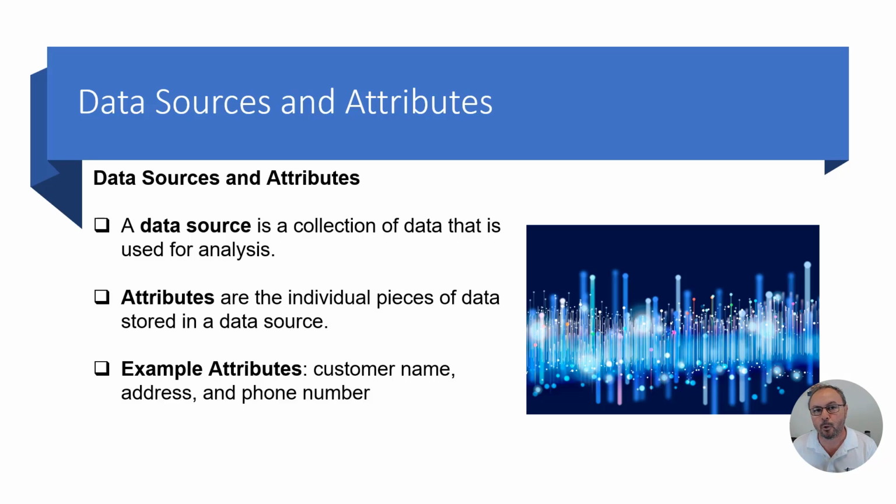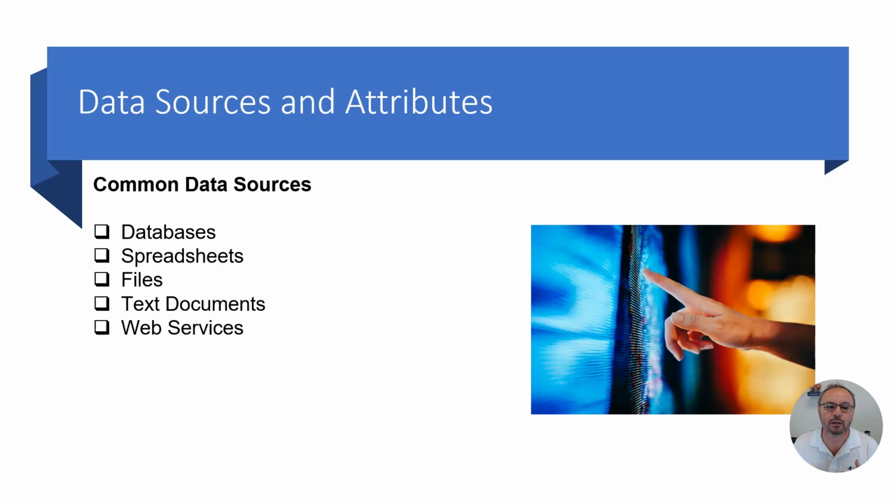So, for example, customer name, phone number, etc. Now, the common data sources, as we're likely more than aware of, is going to be anything from databases and data warehouses. It could be spreadsheets, files, text documents, web services. We could use a collection of both on-prem and cloud services all at the same time. With that said, let's move on to the next lesson.